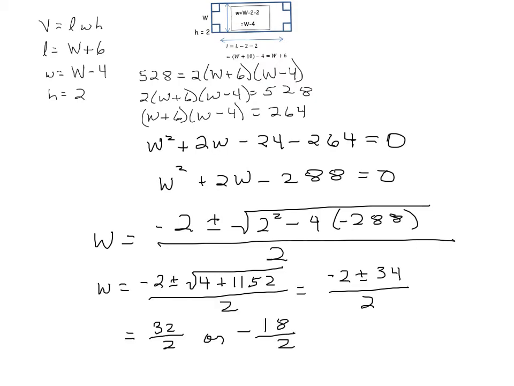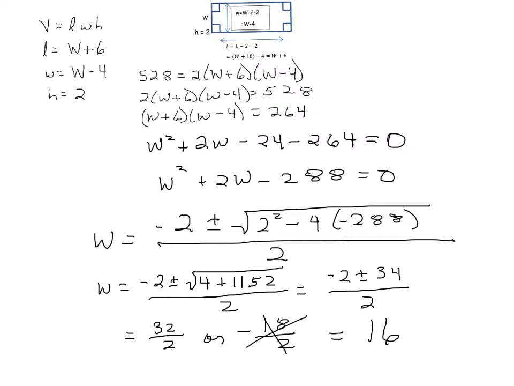So we get that W equals negative 2 plus or minus the square root of 4 plus 1152, over 2, which gives us negative 2 plus or minus 34 over 2. And so that gives us either 32 over 2 or negative 36 over 2. And since it can't be a negative number, our answer is 32 over 2, or 16. So we found that our big W is 16.